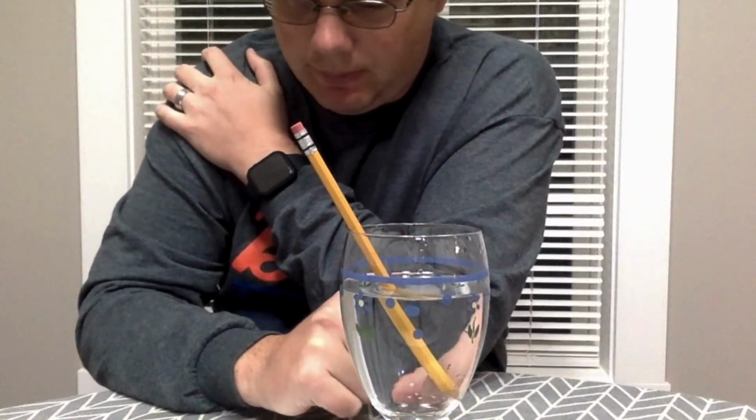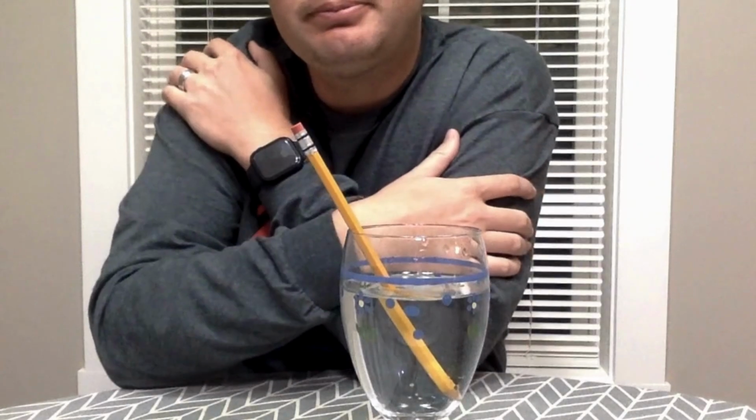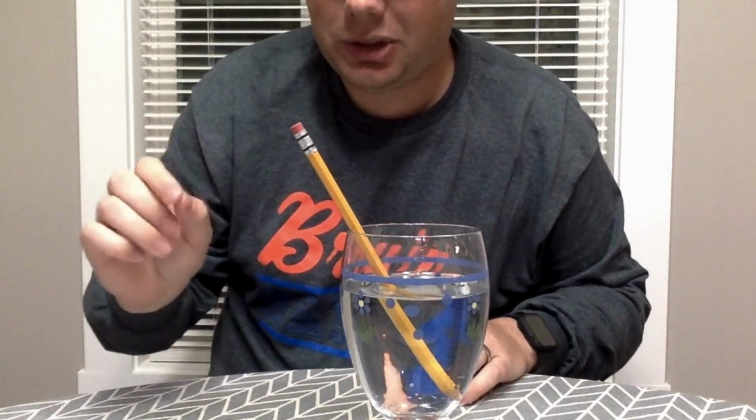Okay, what do you think will happen when I turn the glass? Pause the video and make a prediction. Got your prediction? Great. So watch the pencil as I turn the glass.